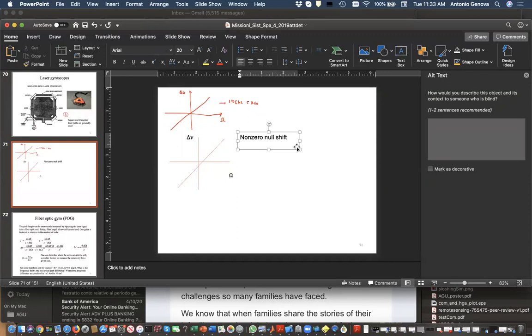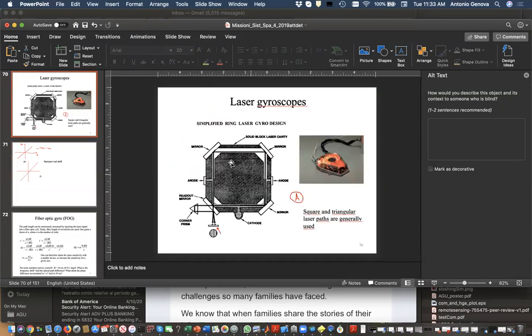So this one is given by the fact that you have a slight variation of the refractive index. As I said, for a ring laser gyroscope, sometimes you can have a medium. But these variations of the refractive index could also be given by the mirrors themselves.